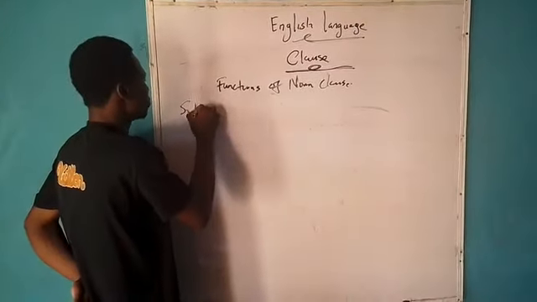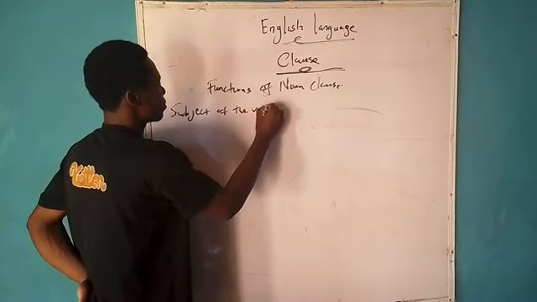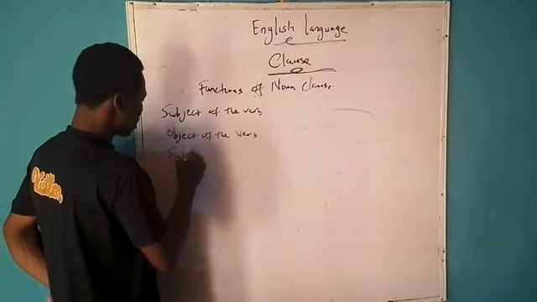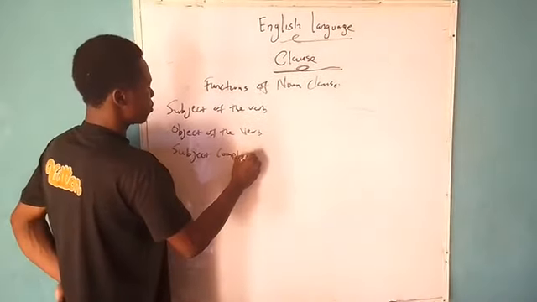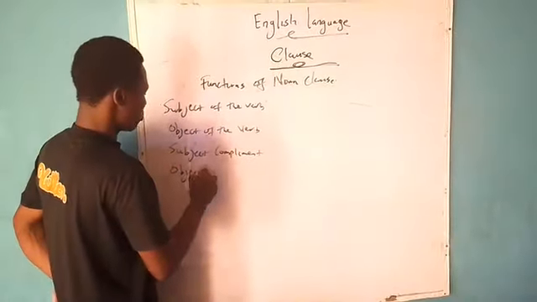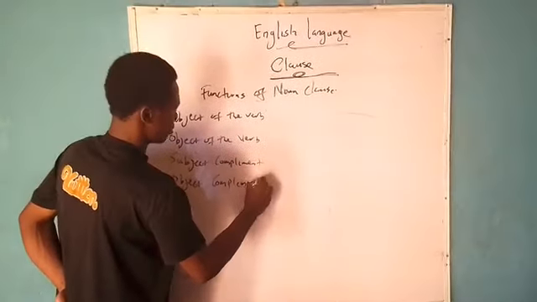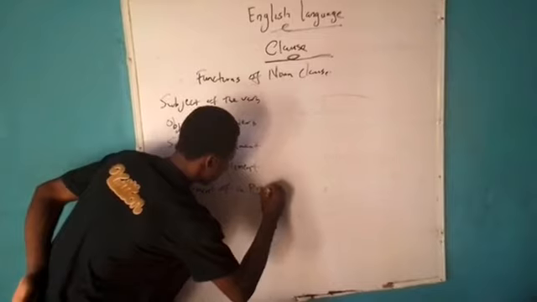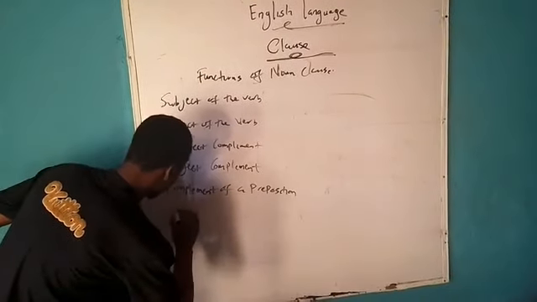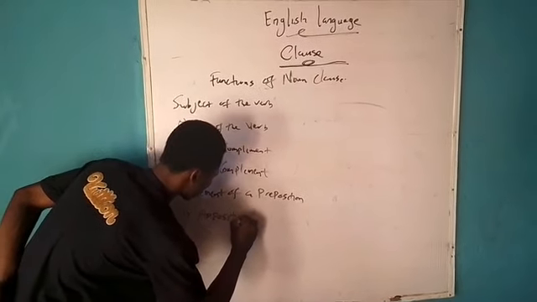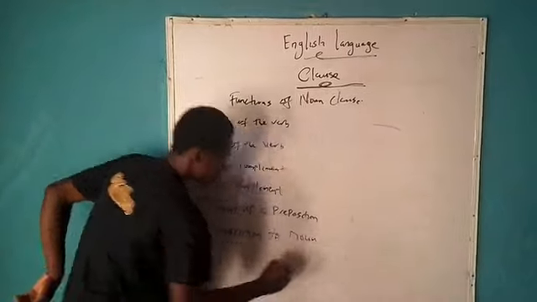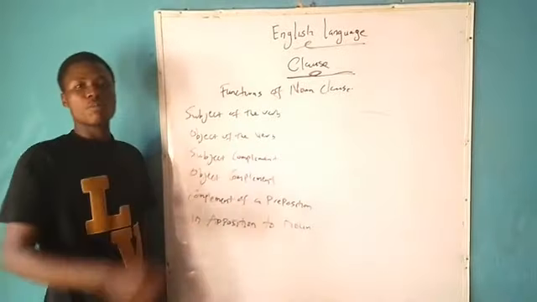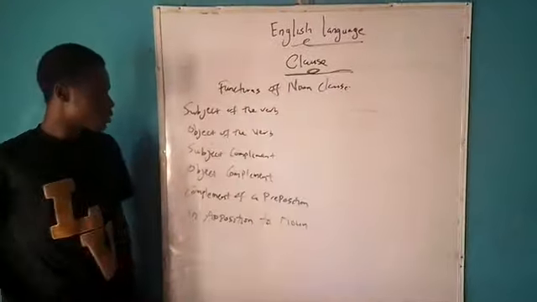We have subject of the verb, object of the verb, subject complement, object complement, complement of a preposition, and in apposition to a noun. These are the 6 functions of noun clause.